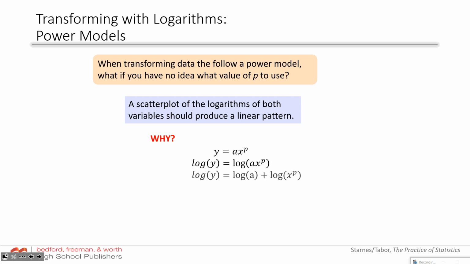If I have a times x to the p, I can break that into the sum of the log of a plus the log of x to the p. And then if I have a power, I can use my power rule to bring that p out in front. So now the log of x to the p became p times log of x.